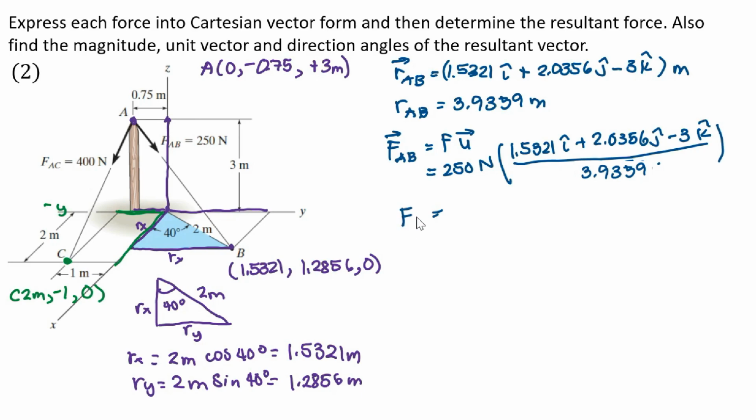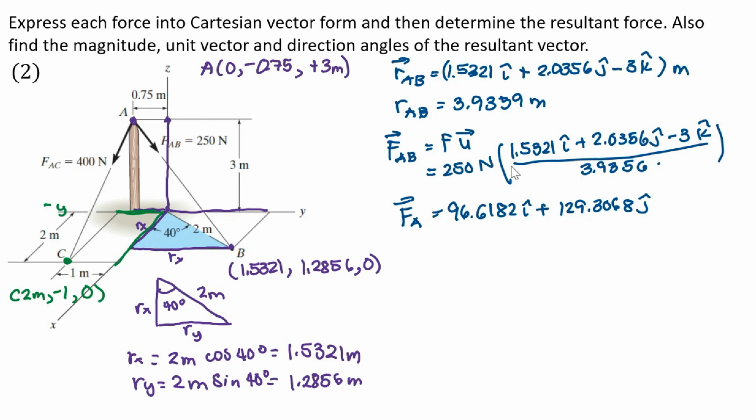So the force AB now is equal to 250 times 1.5321 divided by 3.9359. The answer will be 96.6012 i hat. For the second one, that is 250 times 2.0356 j hat divided by 3.9359, that will be positive 129.3068 j hat.